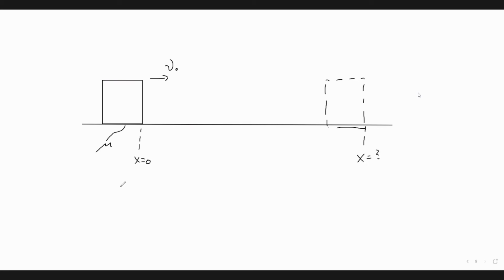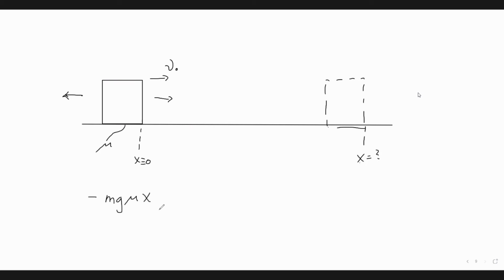Well, I can use the work energy theorem. The frictional force acts this way, and the box is moving this way. Therefore, the work done is negative. I also know the work is negative because the box is slowing down. So the work done on the box is negative, and it's equal to minus the frictional force, which is mg mu, times this distance that it travels, x.